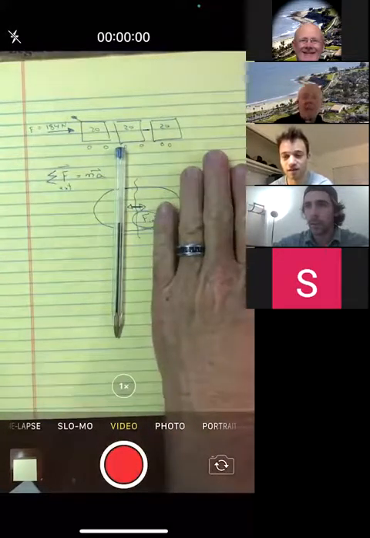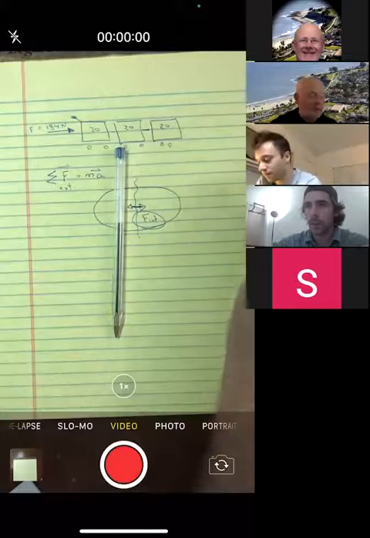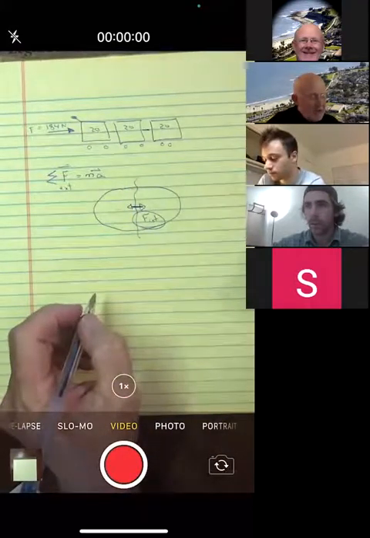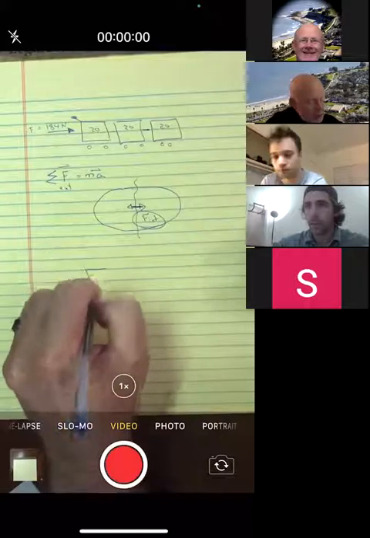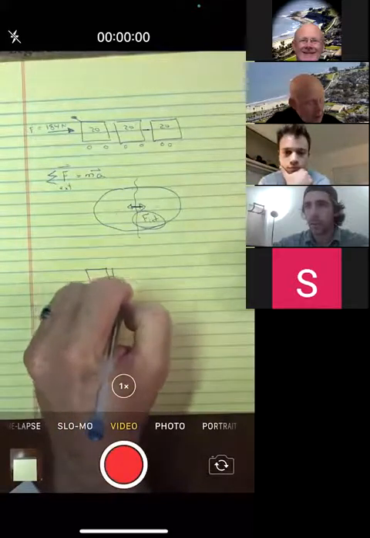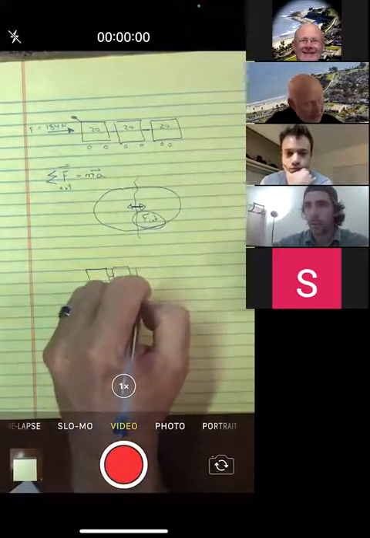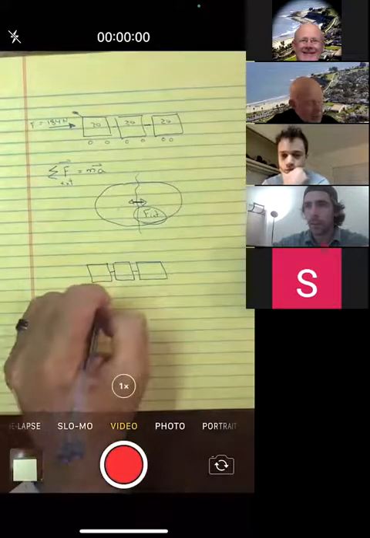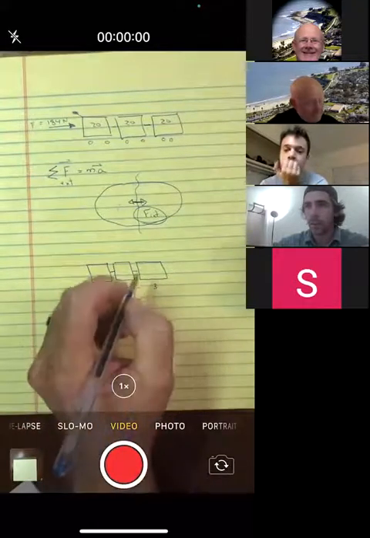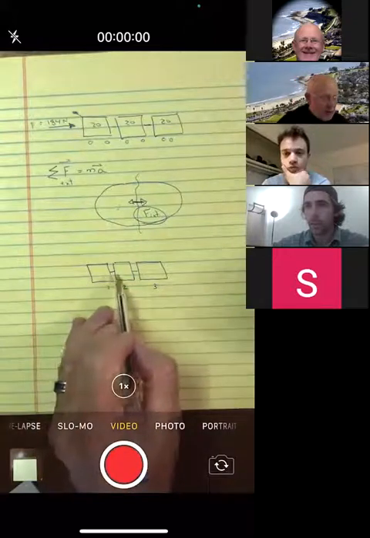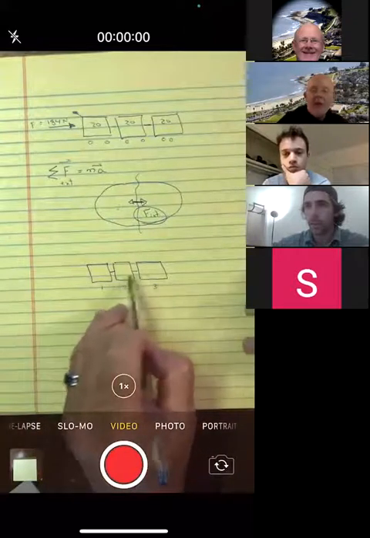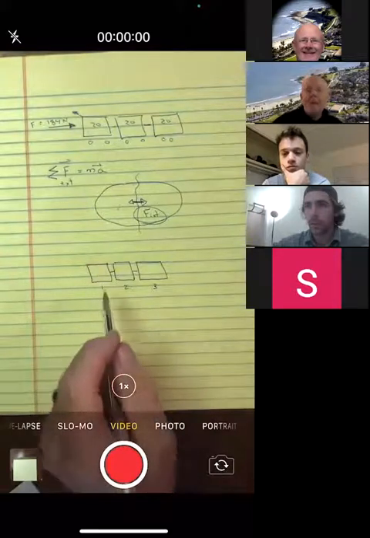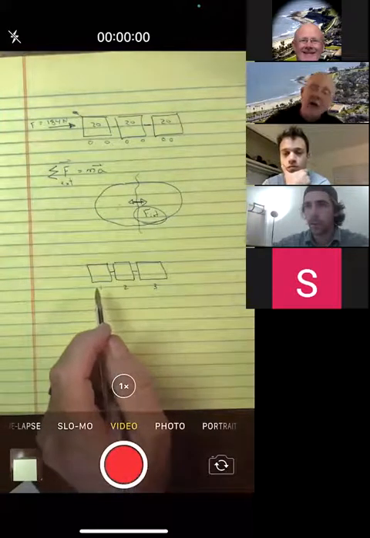Keep that in mind, because here's the trick the hint is trying to say. If you treat all 3 carts as your system and label them 1, 2, and 3, the forces between 1 and 2 and between 2 and 3 are internal, and you don't have to worry about them. But you also can't solve for them.